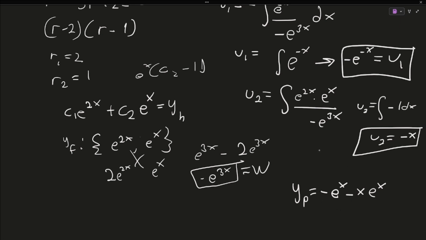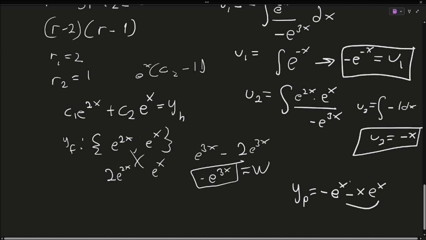The reason why we have this is because we have a dependency with e to the x. So that's why we were going to multiply this with x for the undetermined coefficients method. So if you multiply it with x, you will get only this solution for y particular, and you're not even going to get this solution. So that's why you're avoiding this dependency.